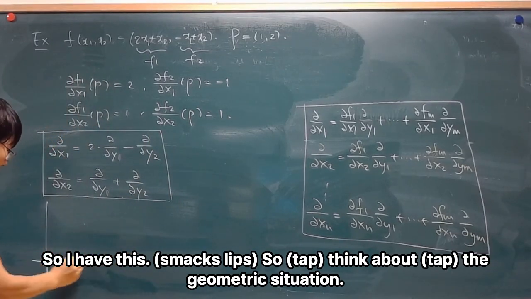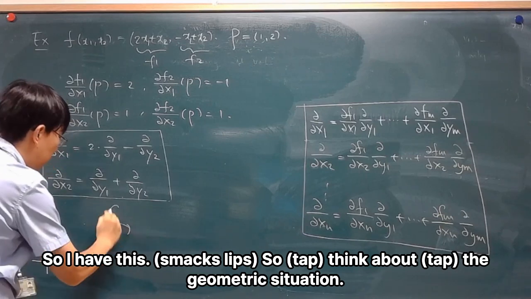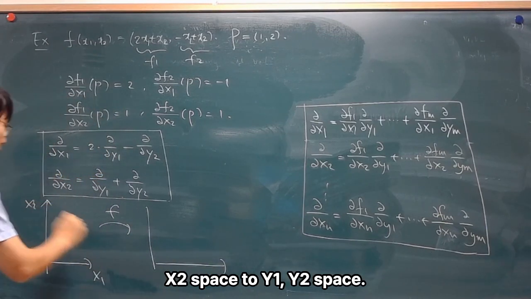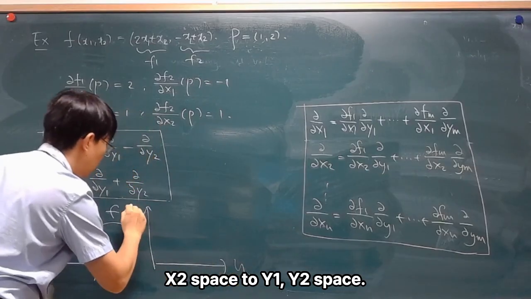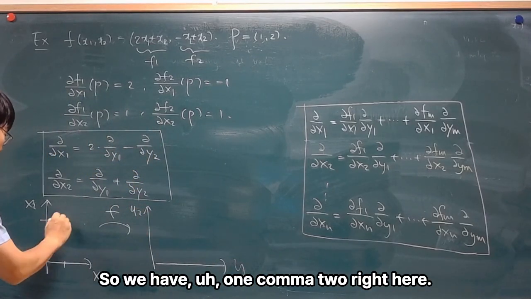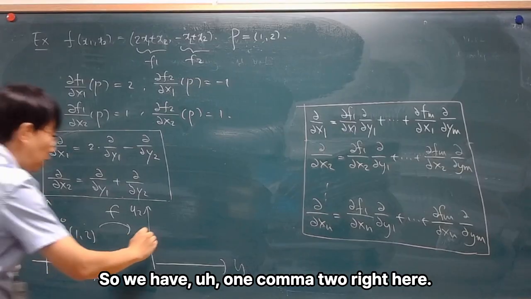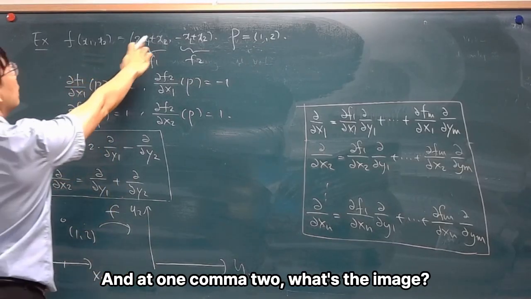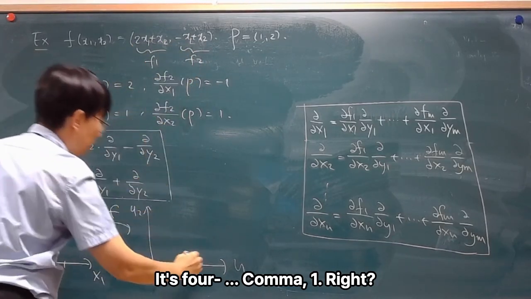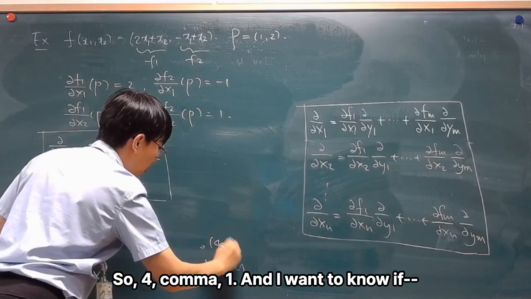So think about the geometric situation. I have a function that maps x1, x2 space to y1, y2 space. So we have (1, 2) right here. And at (1, 2), what's the image? It's (4, 1), right?